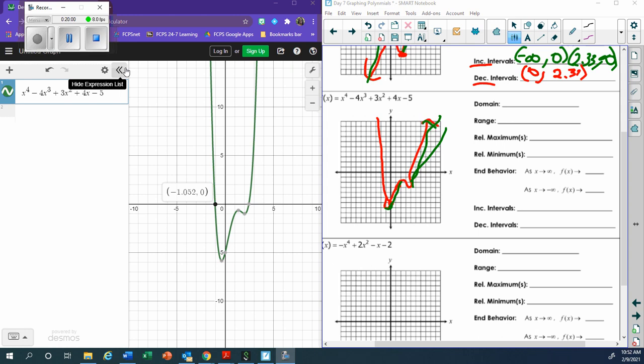So for the domain, what is the domain, guys? All real numbers. Awesome. The domain is all real numbers. Range. Range has limitation, right? See, the range starts here and goes up. There's nothing down here. So it starts from here, but it goes to the positive infinity.